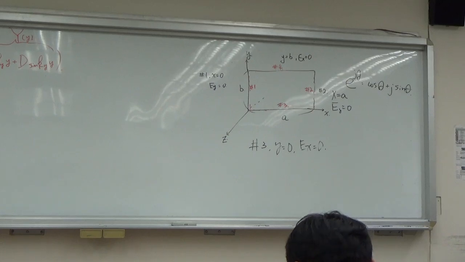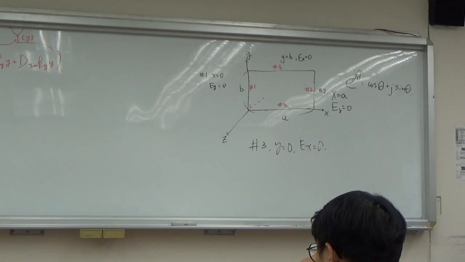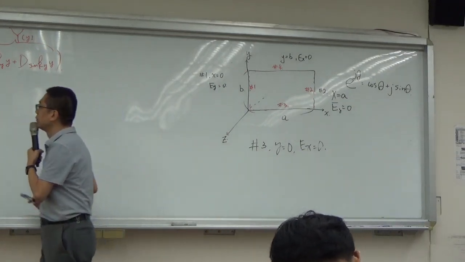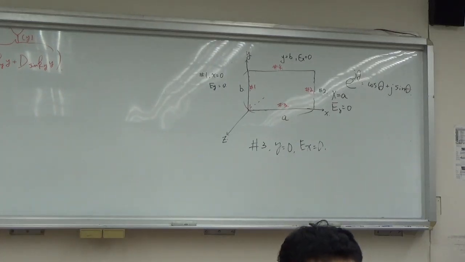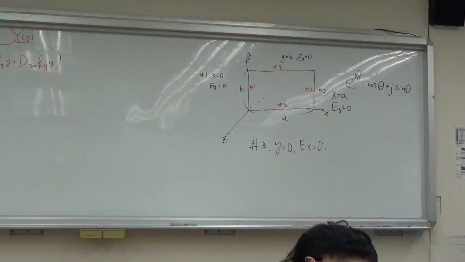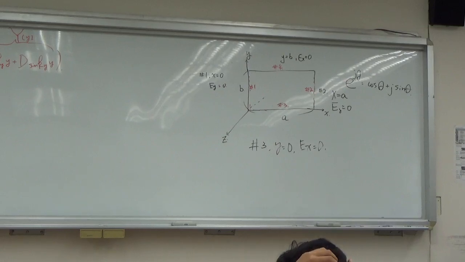For boundary number 1, EY equals to 0, or maybe I don't use a vector, I use a scalar. Okay. What is EY? Now we go back to see EY. What is EY? For TE mode, EZ equals to 0, right?